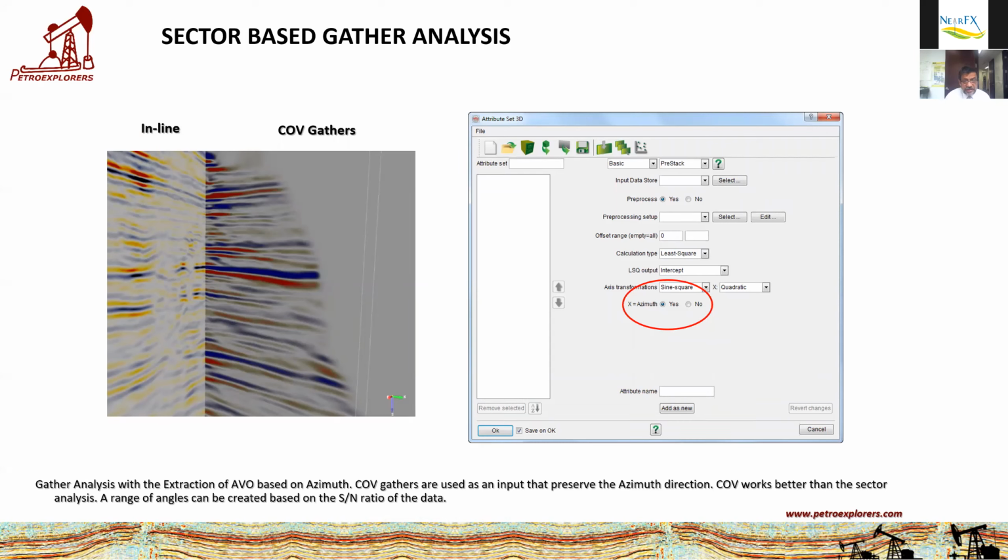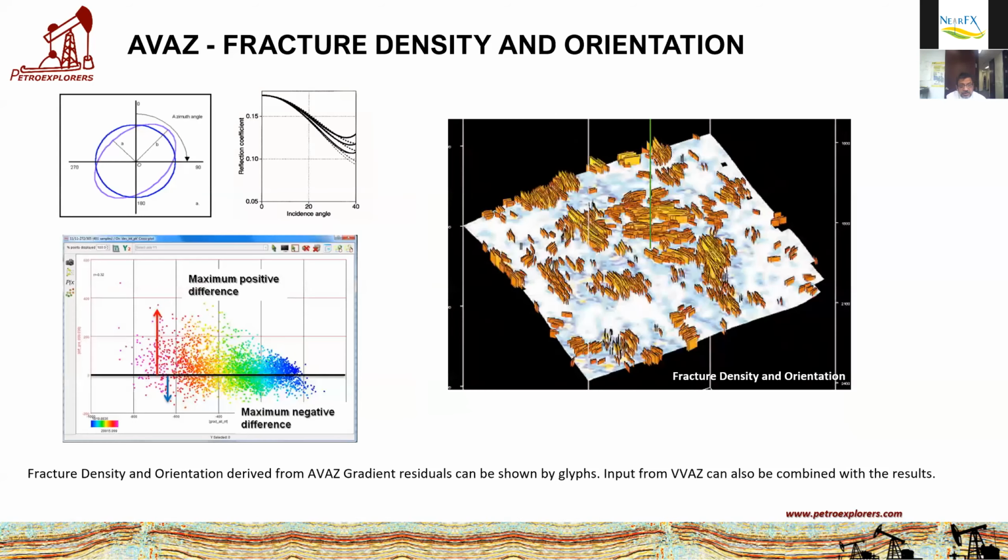OpenDetect can also get the COV distributed and extract the gradients over the sectors. It won't divide into sectors, but you can load it in different azimuth sectors and then work through the cross plotting within OpenDetect. We use Hampson-Russell and OpenDetect in combination sometimes to come up with the COV gathers. Not the COV gathers themselves, of course, as they are done in processing, but taking the COV gathers and then applying the azimuthal AVO path.